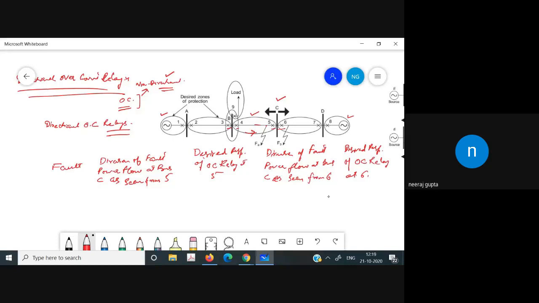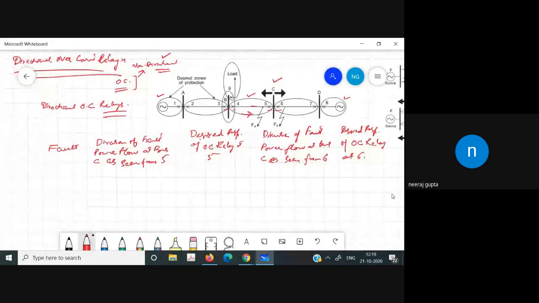So these are the points that we have considered and analyze.